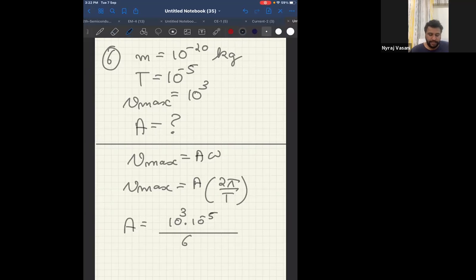Now tell me, what is the answer that comes closest to this? What is 10 power 3 and 10 power minus 5? Can I say 10 power minus 2? 10 power minus 2 by 6. Correct? Now tell me, what is the answer that comes closest?